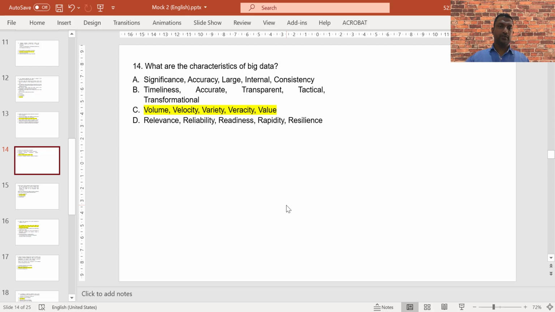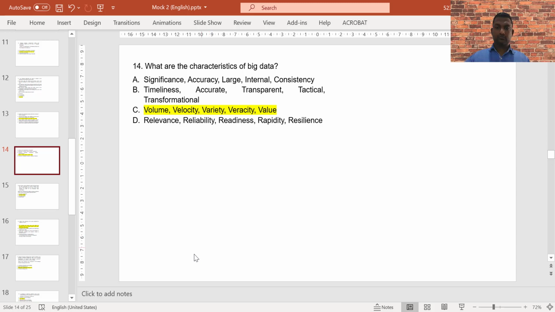Third one, which is marked as the correct answer, says volume, velocity, variety, veracity, and value. I think you remember even in the previous sessions we did, we had this question, and these are the 5 characteristics of big data. And D says relevance, reliability, readiness, rapidity, and resilience.